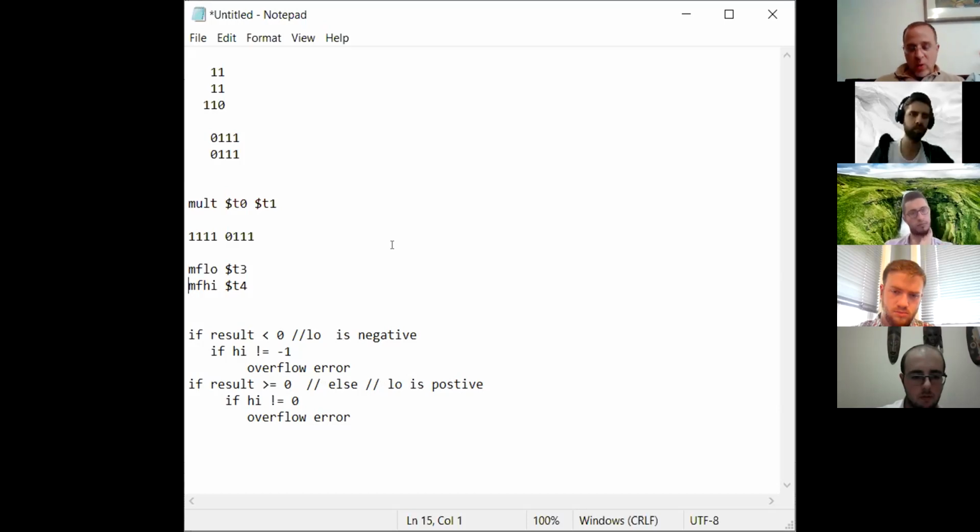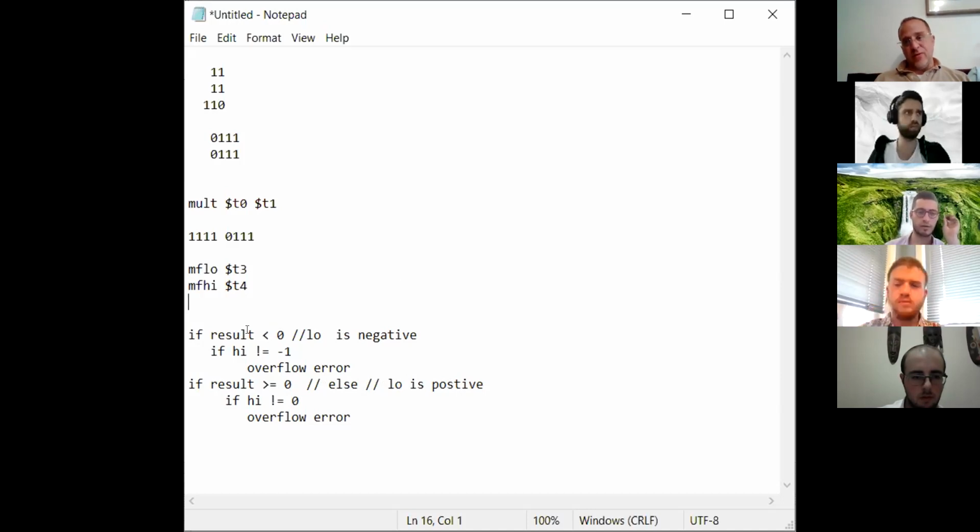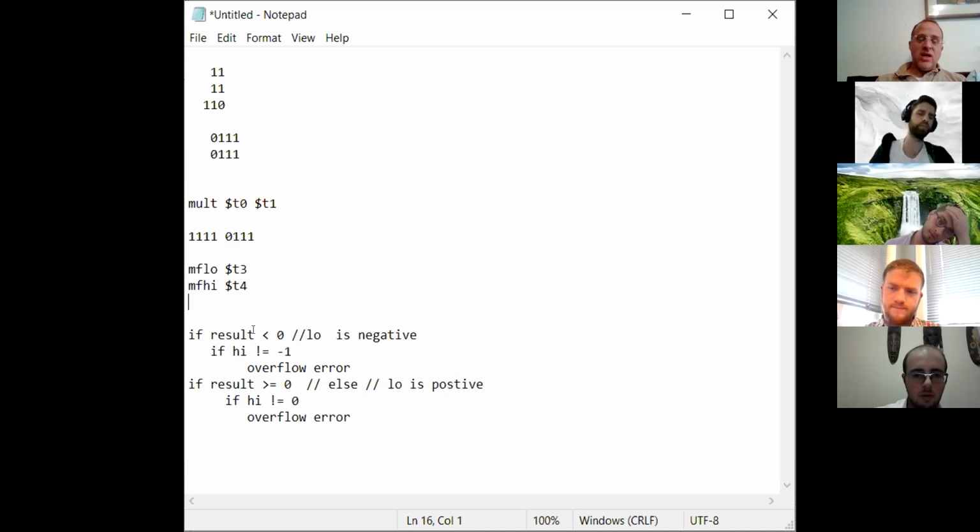What command are you going to do your comparison with? SLT? Branch if equal? Branch not equal? Well, for the less than 0, you need to set less than or something like that. For the first one, less than 0, you're going to have to do an SLT and then check the result with a branch.